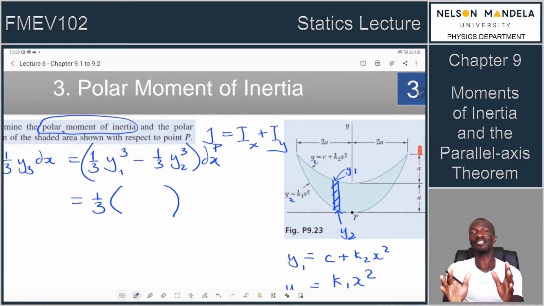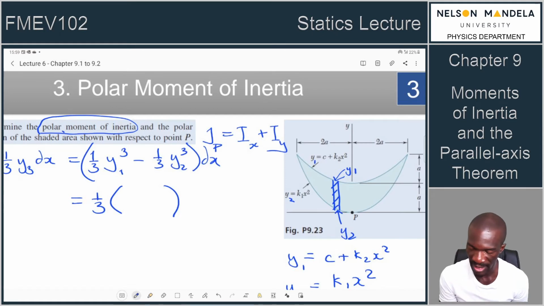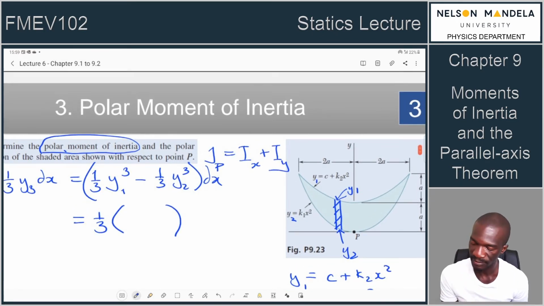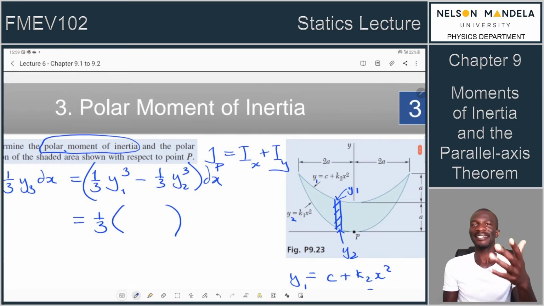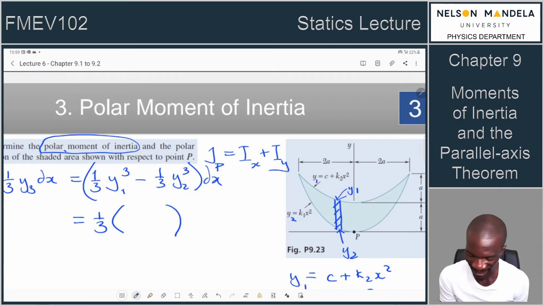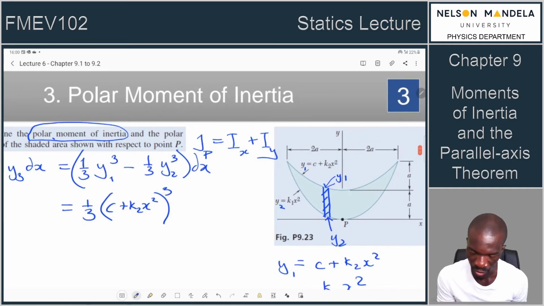This is now assuming that you've already converted the c and the k2 into their terms of a. So that would be c plus k2x squared, cubed, minus, let me not put another 1/3, let me just put this cubed function.